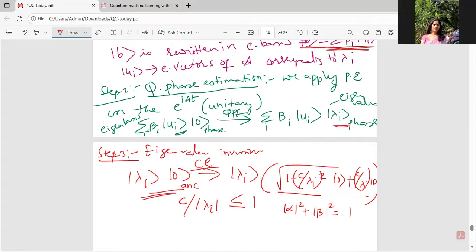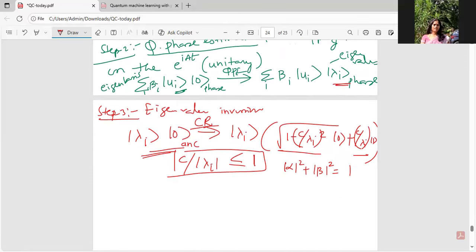Of course, ancilla stands for the temporary storage. Once I perform controlled rotation, I'll end up with the right hand side. What exactly is the right hand side? It is the superposition state, of course, satisfying the condition that C by lambda I is less than or equal to 1. Also, mod alpha squared plus mod beta squared is equal to 1.